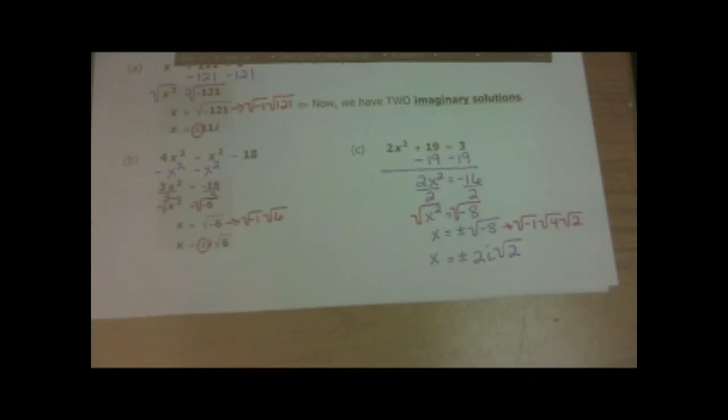So square root of 4 and the square root of 2. The square root of 4 is 2. So I have x equals plus or minus 2. The square root of negative 1 is i. And then I have the square root of 2. So x equals plus or minus 2i square root of 2.